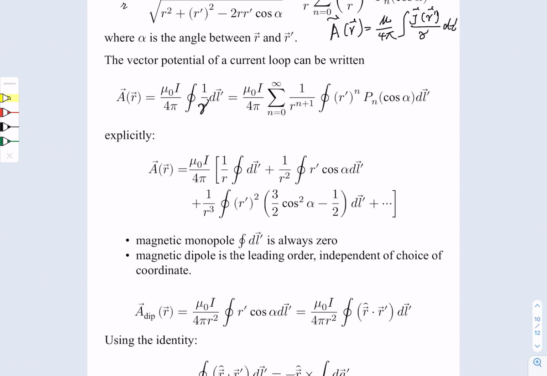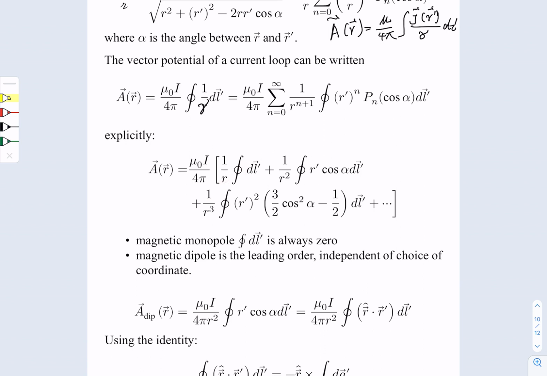For a loop of current, the I can really be pulled out of the integral, and so what's inside here is simply a closed loop integral. This closed loop integral must always be exactly 0. That's because there is no magnetic monopole, right? So in the multipole expansion for the magnetic potential, the first term is always 0.